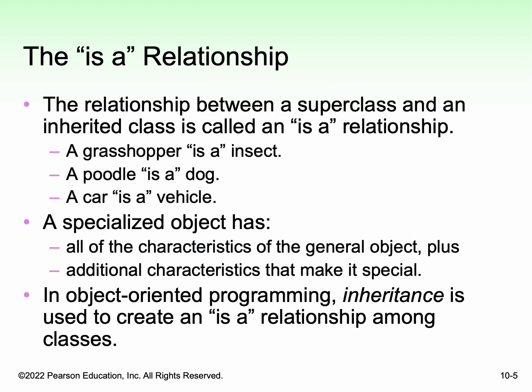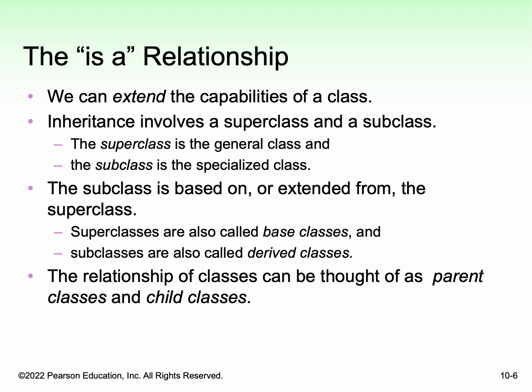Another way that we can look at inheritance is with the help of an is-a relationship. As I told you, grasshopper is an insect. This way you know that insect is a superclass and grasshopper is going to be the inherited class. Inheritance in Java is used to create that relationship between classes. Let me explain a little bit more and introduce you to a couple more terms.